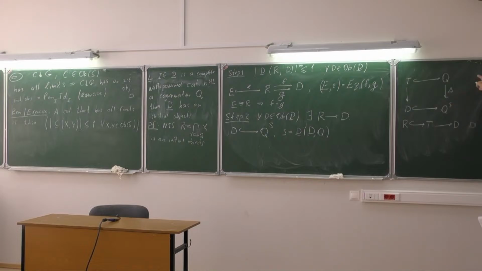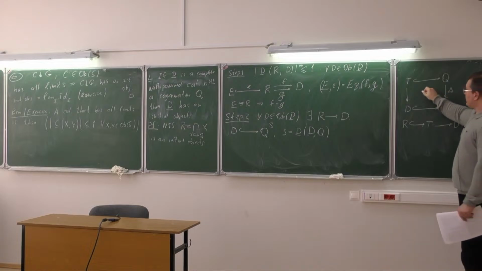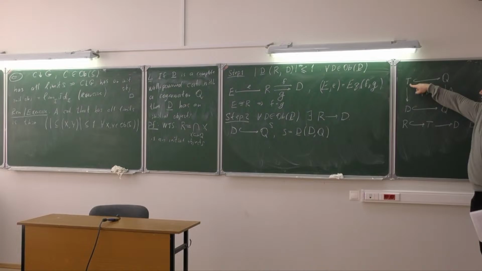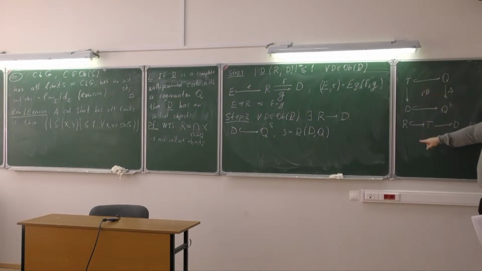It's just an infinite product, but still delta exists. Now I take the pullback, so this is the pullback diagram. So there is some object T. This object T has a non-trivial map to the D, and I just take a composition of this map T to D with the embedding of the R into the T. I can see that T is a sub-object in the Q, and R is the intersection of all the sub-objects. Clearly, I have a map from the R to the T. So this composition is a non-trivial map from the R to the D.